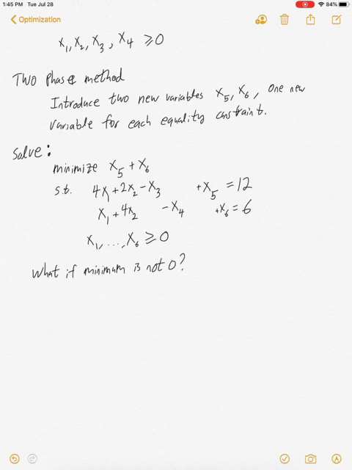In that case, we conclude that the original problem was infeasible. Infeasible means it's not possible to satisfy all of the constraints at the same time. So forget about trying to minimize your objective. There's not even a point that satisfies the constraints.